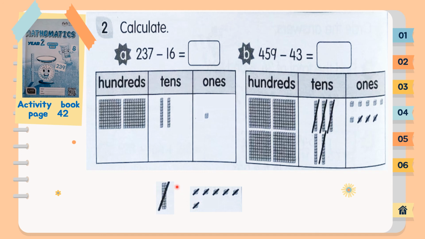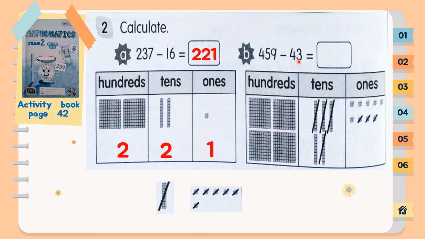Now, we have 2 hundreds blocks, 2 in tens, and 1 in ones. So, the difference between 237 and 16 is 221.